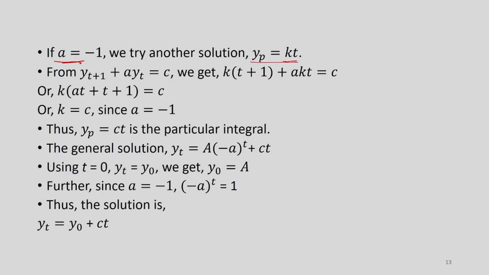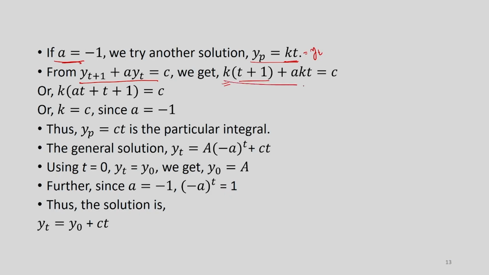So, this yp, which is basically equal to yt, we substitute that here, and if we do so, then what we are going to get, instead of yt plus 1, I write k multiplied by t plus 1 plus a multiplied by kt is equal to small c.